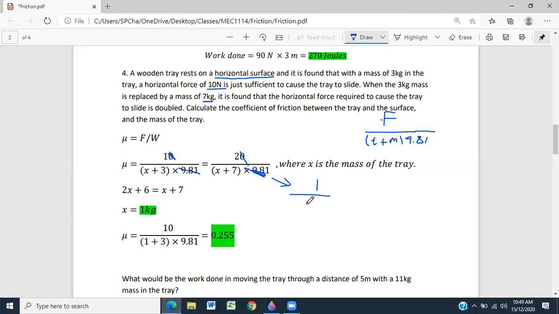So let's break that down here. 1 over x plus 3 equals 2 over x plus 7. Reciprocal of both. This is x plus 3 is equal to x plus 7 divided by 2.